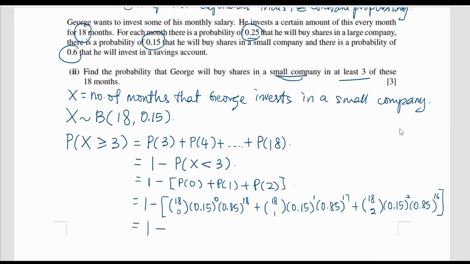Okay, so now we can use the calculator. Again, 18C0 is going to be 1, and 0.15 to the power 0 is also going to be 1. So we can straight away take 0.85 to the power of 18, plus 18C1 times 0.15 times 0.85 to the power of 17, plus 18C2 times 0.15 squared times 0.85 to the power 16.